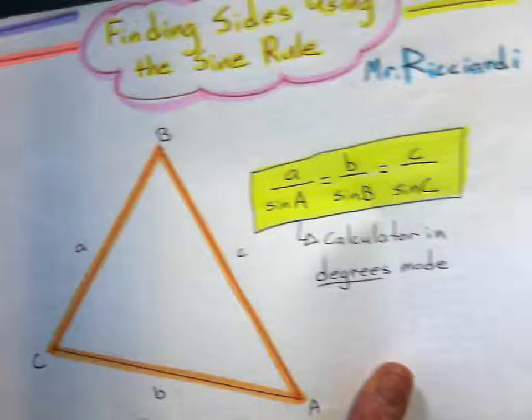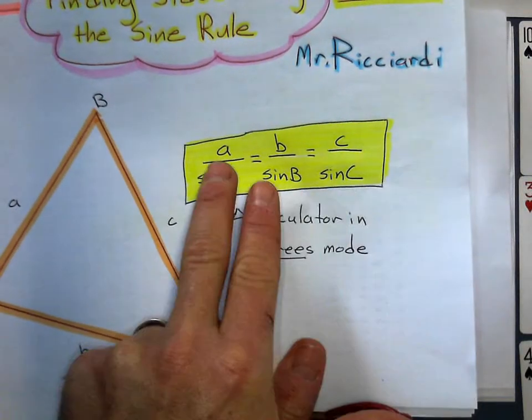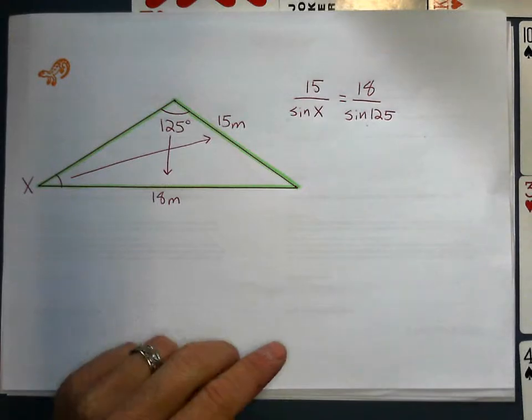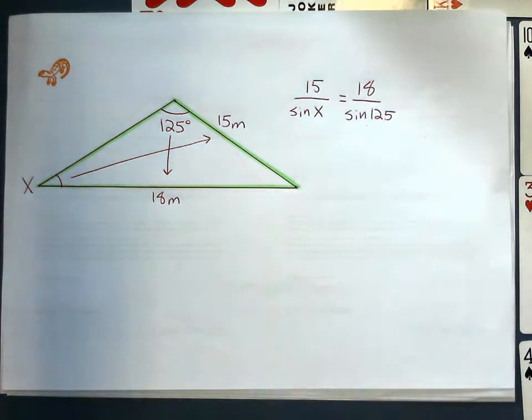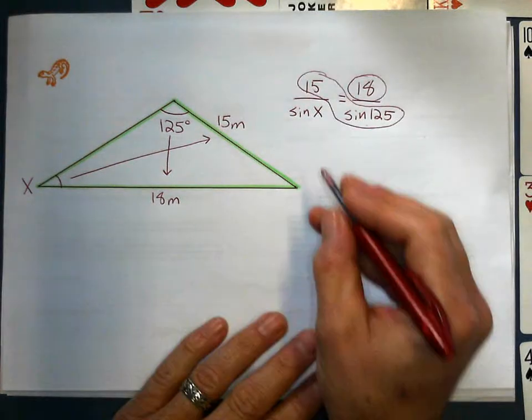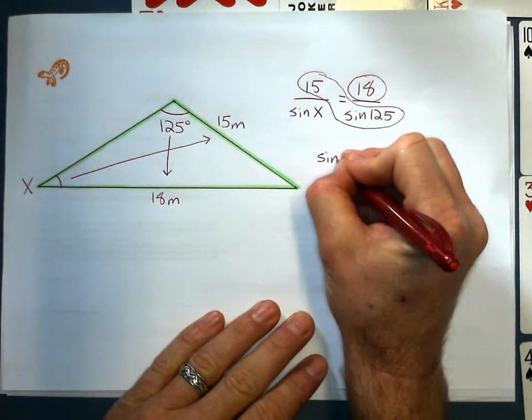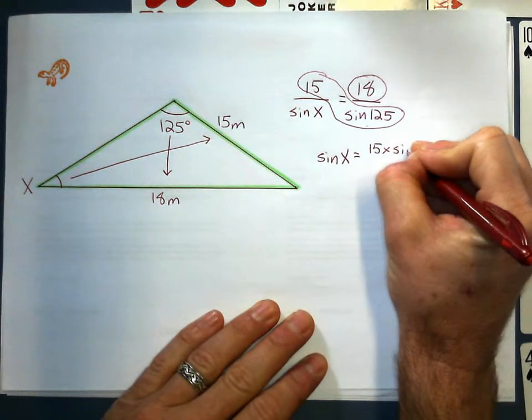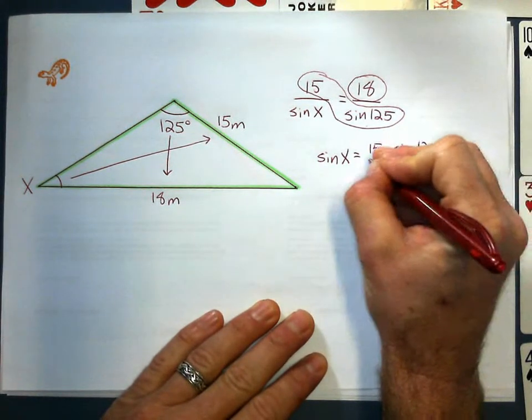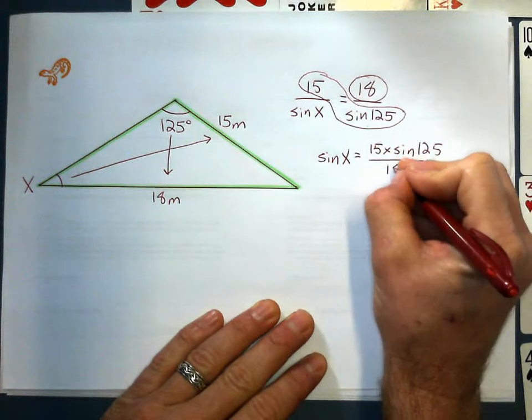And again, I'm using my sine rule formula. Remember, I only need 2 out of these 3 to make a proportion. Okay, cross multiply and divide by the lone ranger. What does that look like? It's going to look like sine of angle x equals 15 times sine 125 divided by that 18.